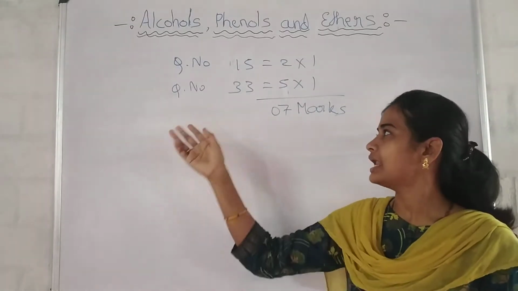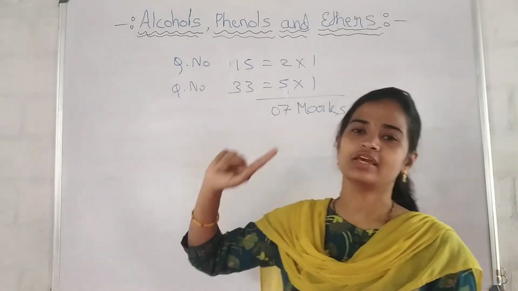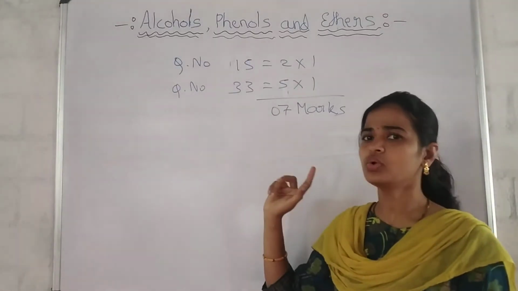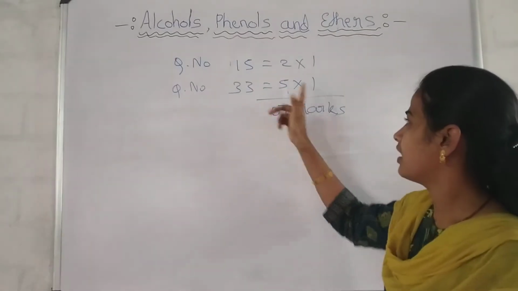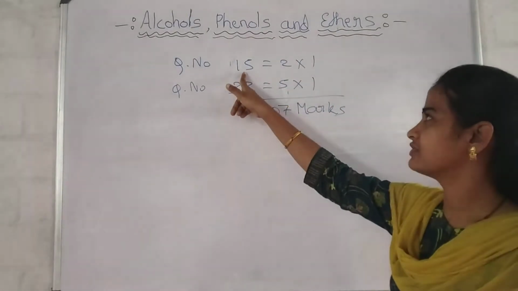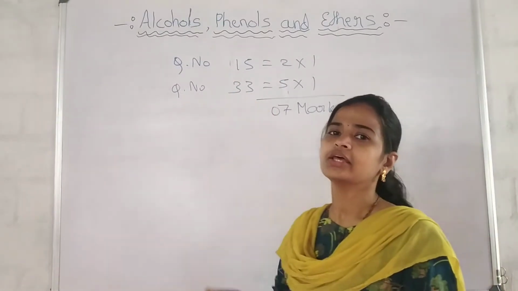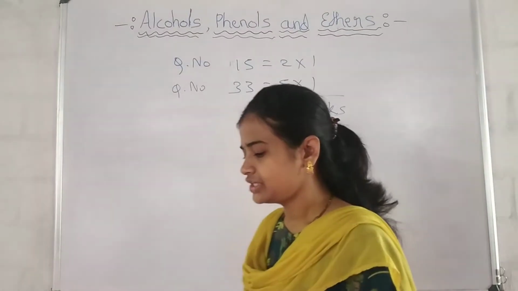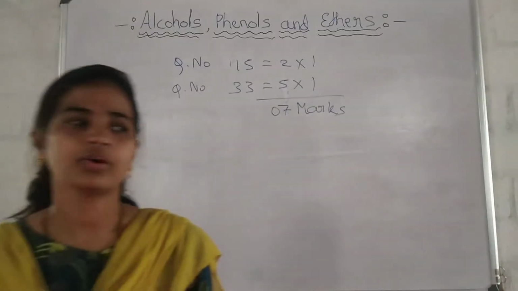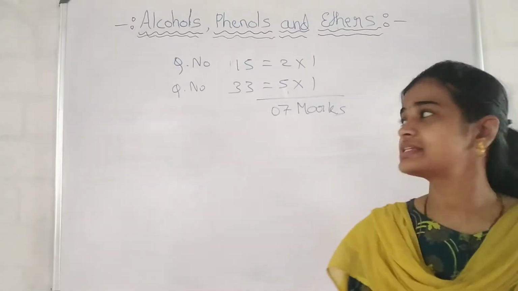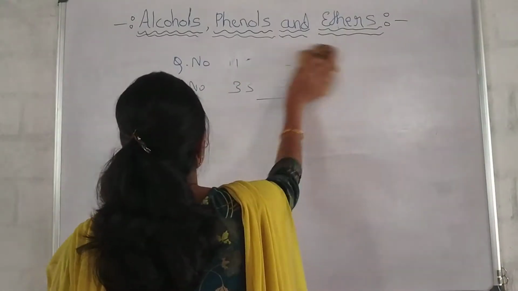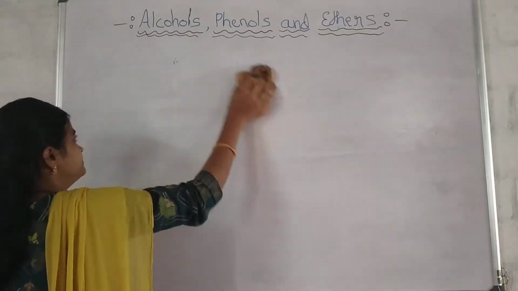Till then, I'll tell the previous weightage. Total weightage is 7 marks: question number 15, 2 marks, and question number 33 will be asked based on this chapter. Got it? Now we'll start with the chapter alcohols, phenols and ethers.